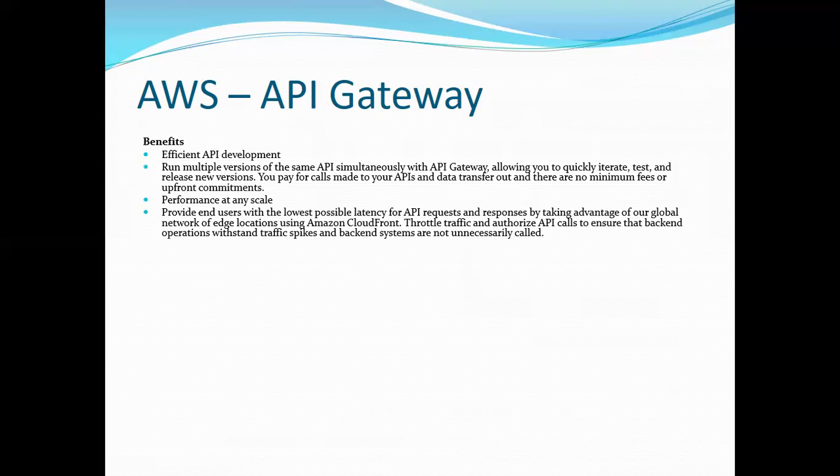Amazon has edge locations all over the regions that can speed things up based on the location where the user is physically making the call. So that way the end user or the client application can have the lowest possible latency.